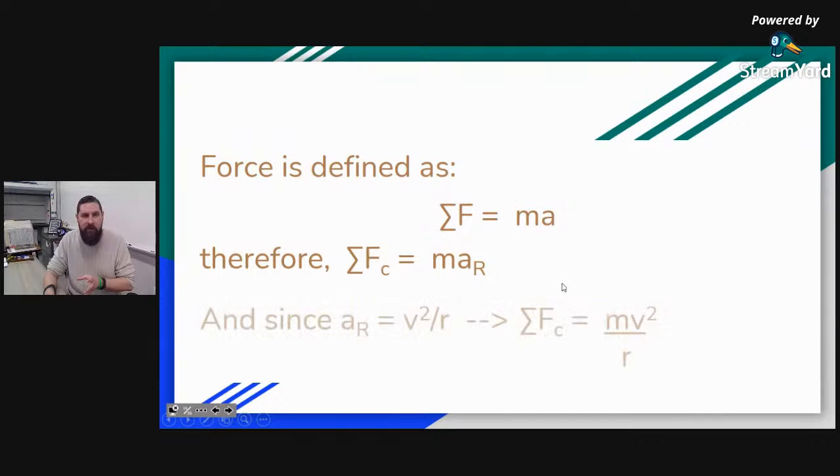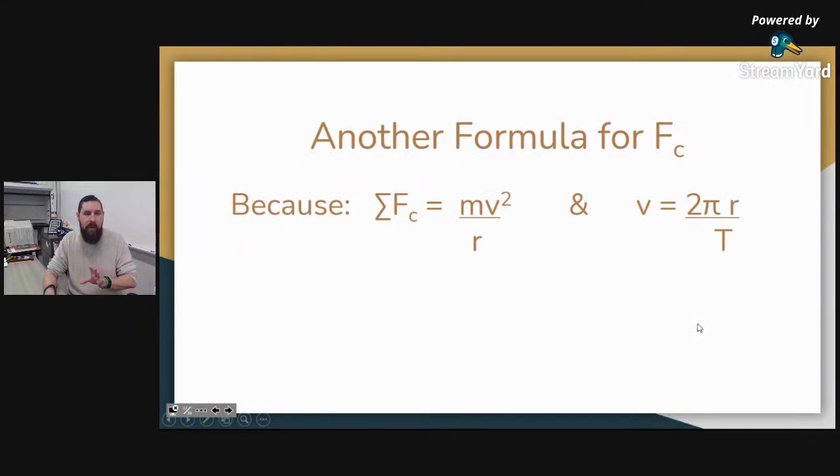And since radial acceleration equals v squared per r, as we talked about in the previous video, we can substitute in and get that the net force centripetal equals mass times velocity squared, all divided by the radius. So these are the most basic two equations that you've got for centripetal force. Okay? Centripetal force is mass times acceleration centripetal, or force centripetal equals mv squared per r. But there's an additional formula.